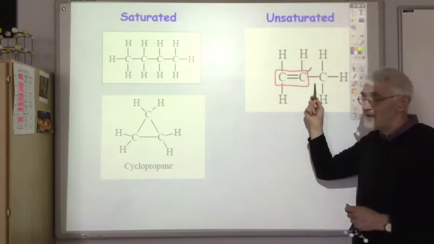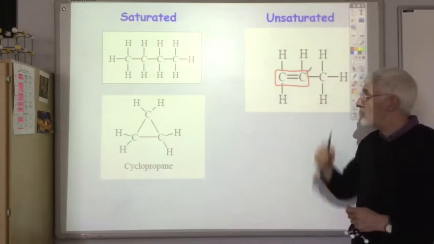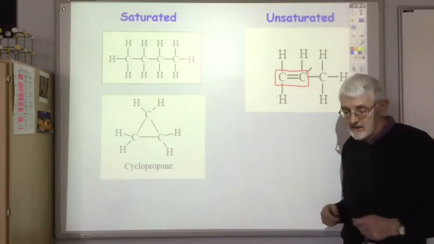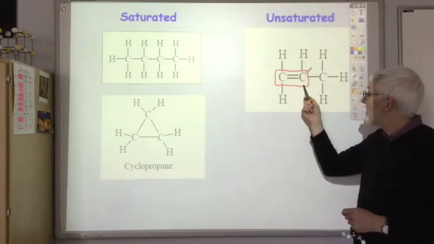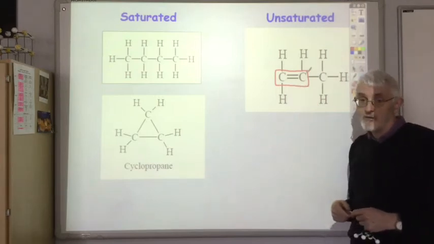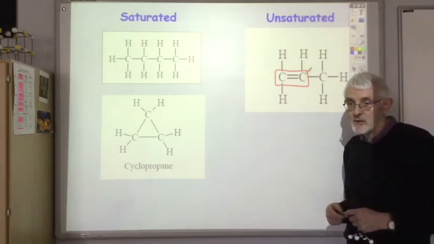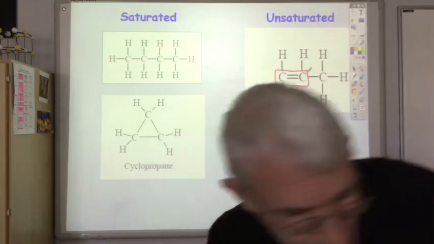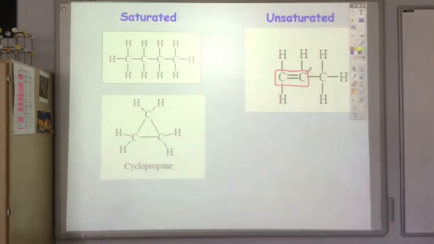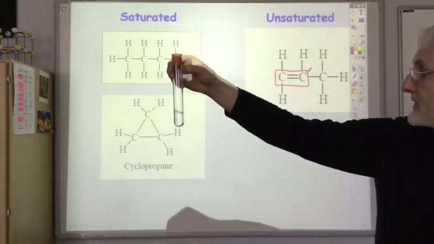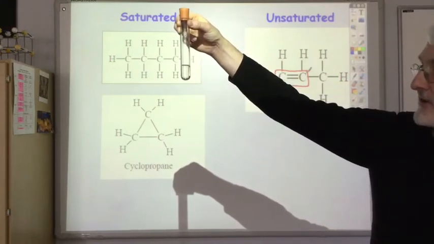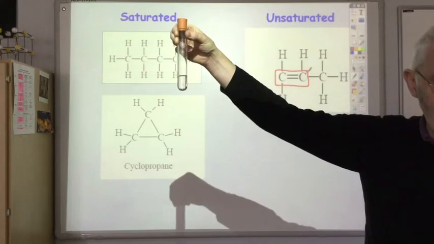And there's a simple chemical test to tell whether or not a hydrocarbon is unsaturated, and that is that unsaturated molecules decolorize bromine water quickly. Let me just demonstrate that. So here I've got an unsaturated hydrocarbon. I'm going to add some bromine water to it.